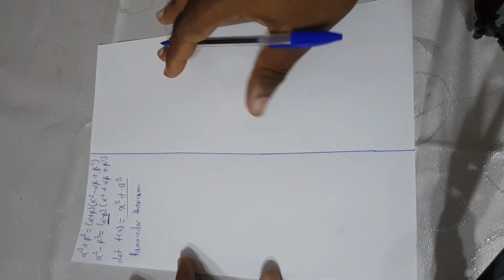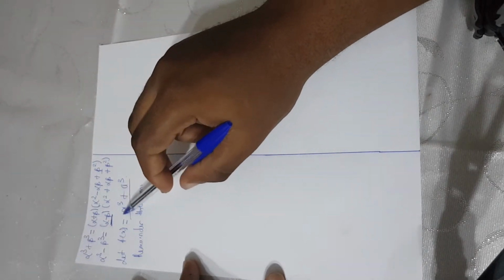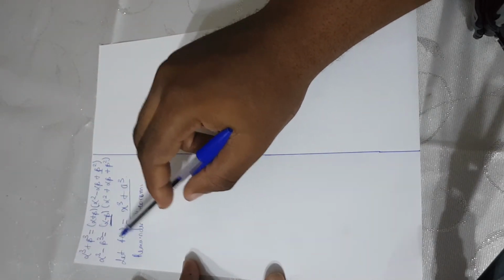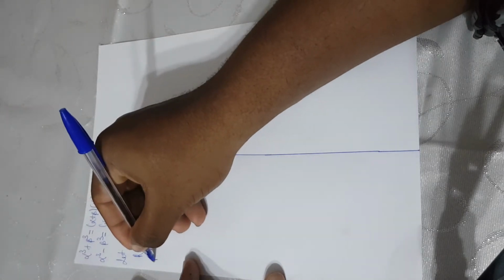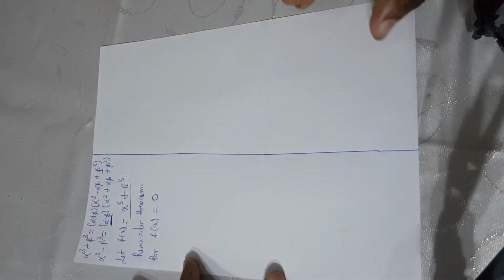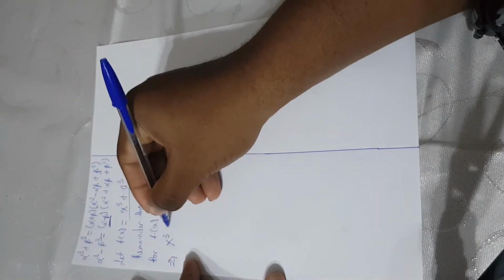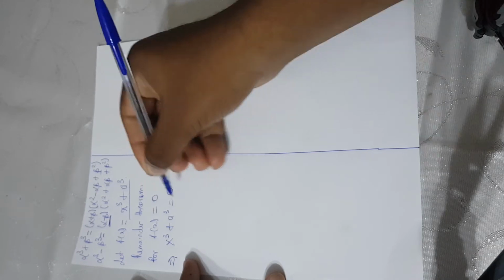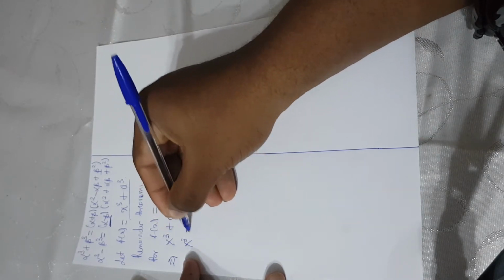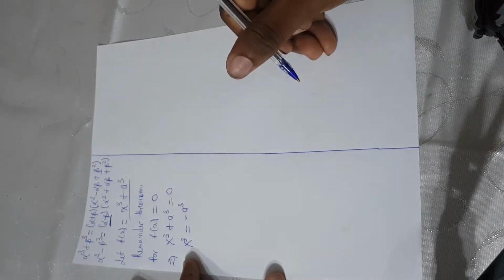Now, by the remainder theorem, what can I substitute here to have f of x equal to 0? For f of x to be equal to 0, it implies that x cubed plus a cubed is equal to 0. So x cubed is equal to negative a cubed.